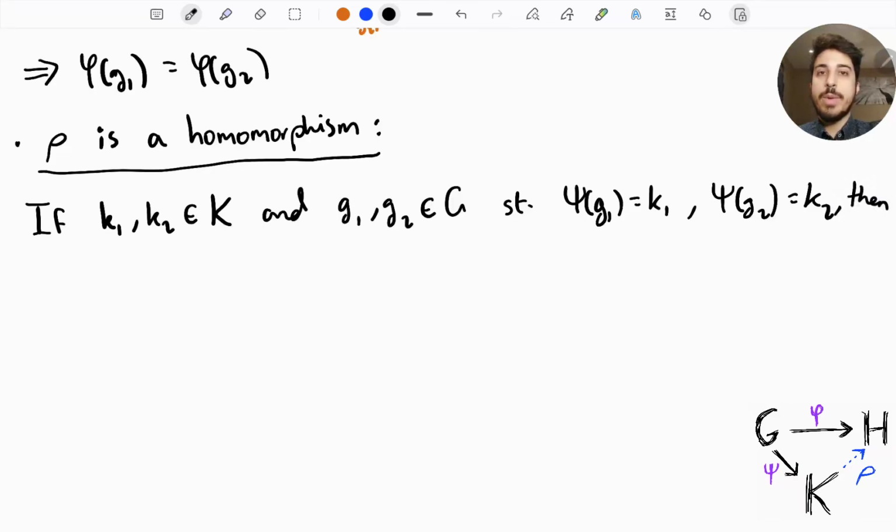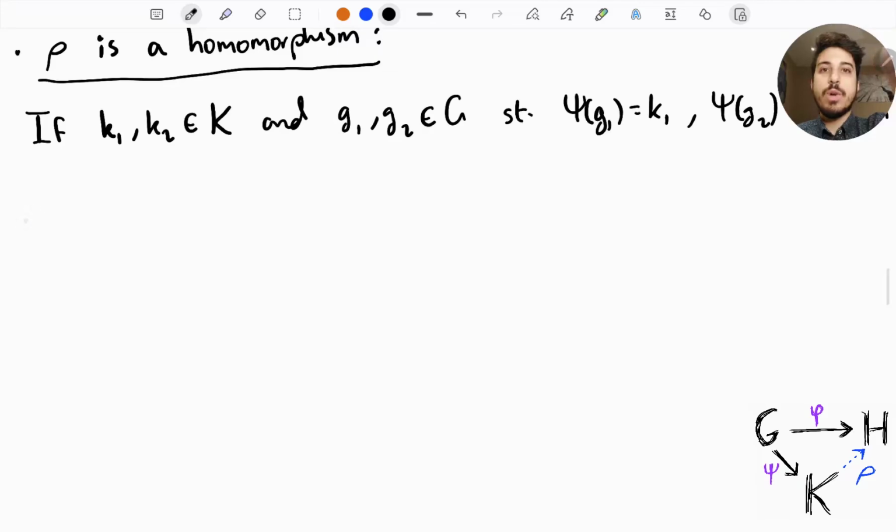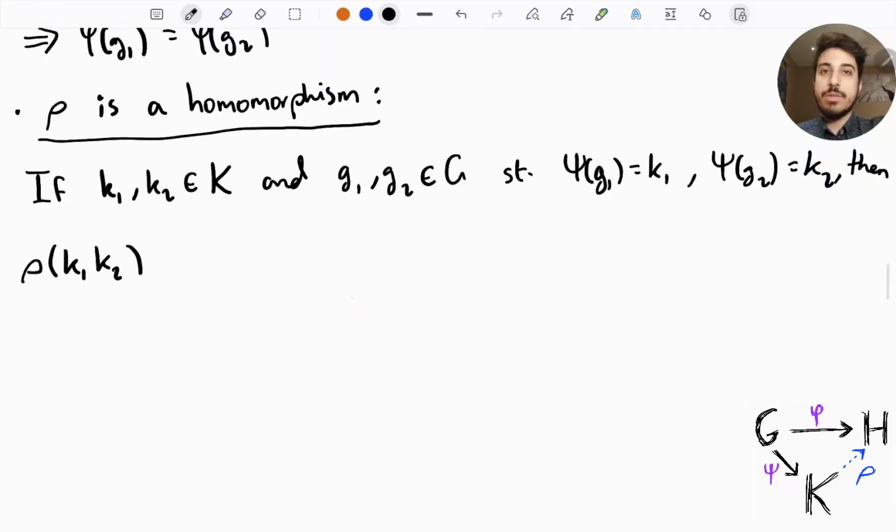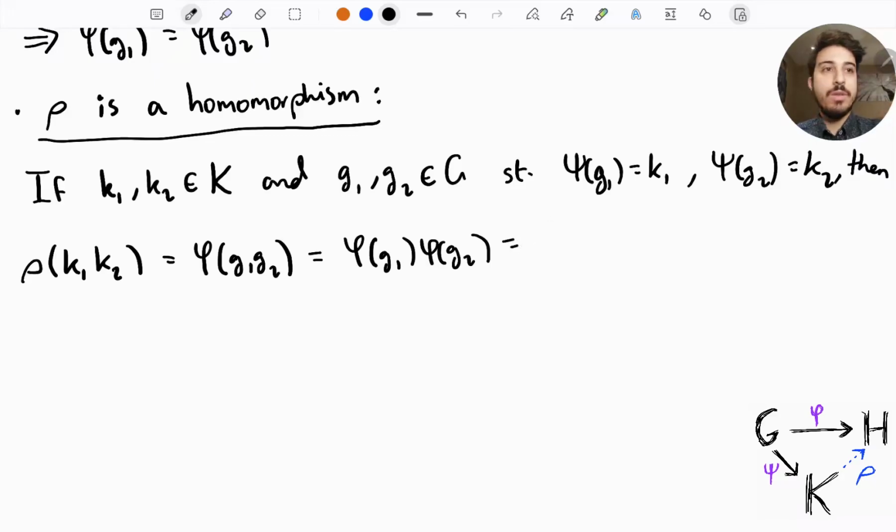Then we have that rho of K1, K2, by definition of rho, is equal to phi of G1, G2. But because phi is a homomorphism, we can split this up into phi of G1, phi of G2. And this is exactly, by definition, rho of K1 and rho of K2. Successfully proving that rho is a homomorphism and completing the backwards part of the if and only if statement.